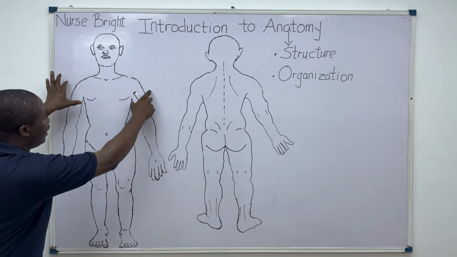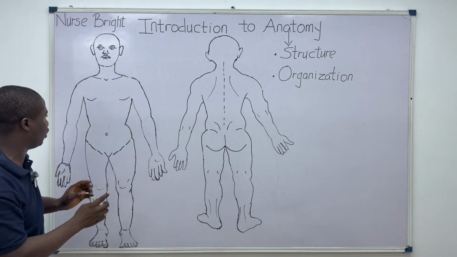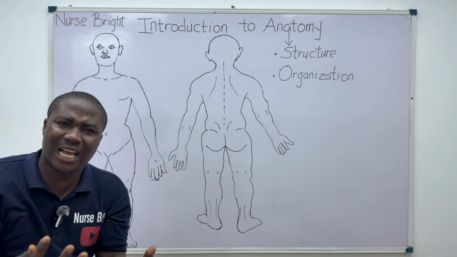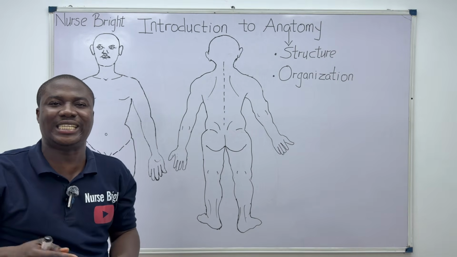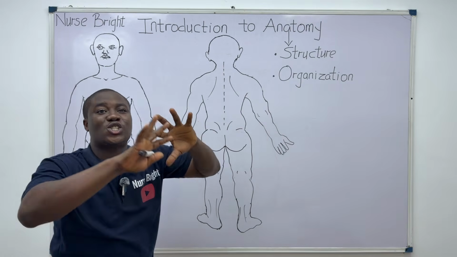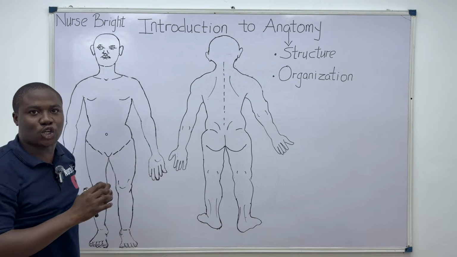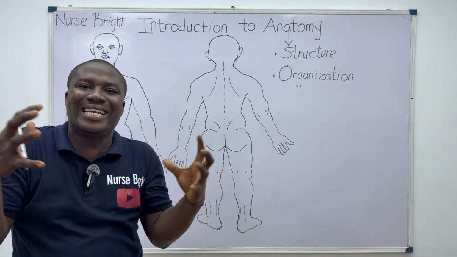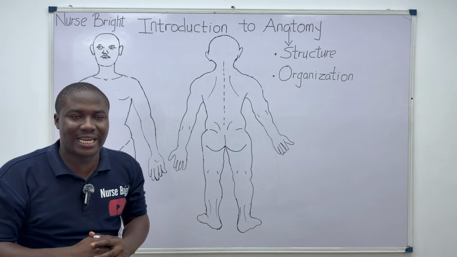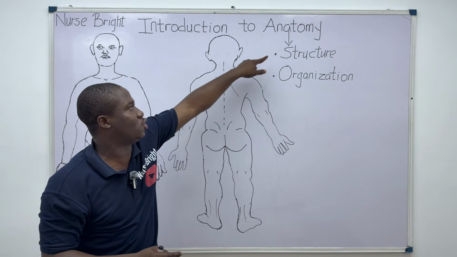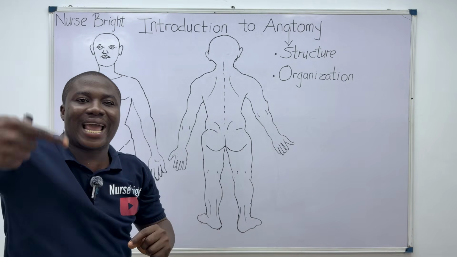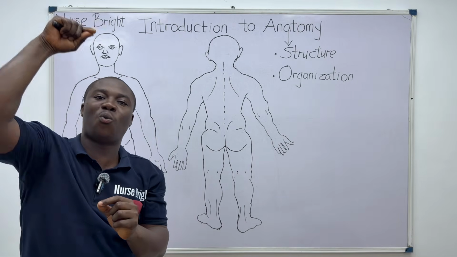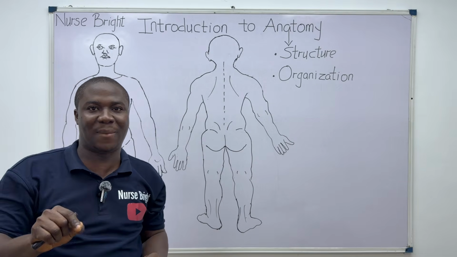These are the limbs, which are another structure of the human body. So in anatomy, we study these structures, and also how they are organized together. That is why I said that in anatomy we study the structure and organization of the human body. This is what anatomy is all about.